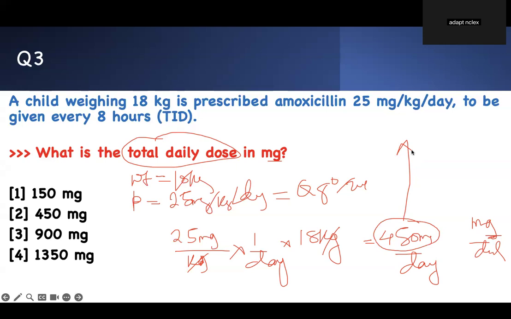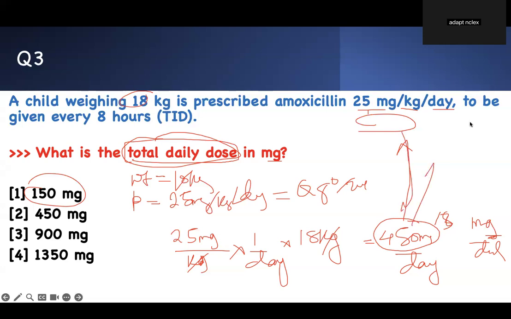This is what the patient is going to get, but these will be given every 8 hours. So when you divide this by 3 times, you're going to get 150 every dose. Don't multiply it, right? Don't do anything. The question says, what is the total daily dose? So the total daily dose is 25 milligrams per kilo per day. Therefore, if the child weighs 18, you multiply by that 18 each day, this is what the patient is going to get.